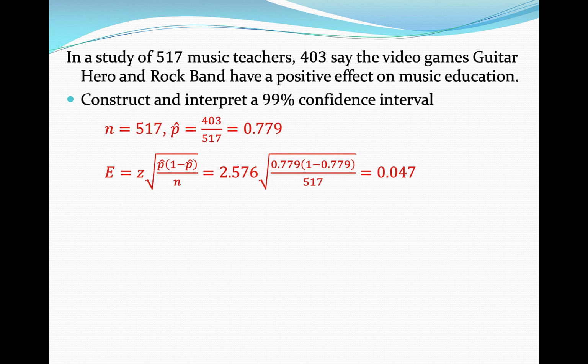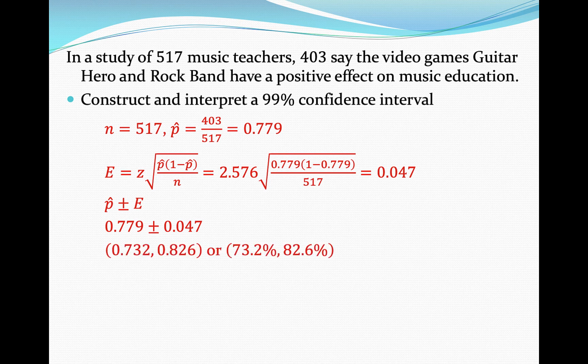Once we get that error tolerance, now we can create our interval. Our statistic here, since we're dealing with a proportion, is of course p hat. So we're going to take our p hat value and add and subtract that error tolerance we just calculated. We're going to take 0.779 plus or minus 0.047, and that will give us our interval.